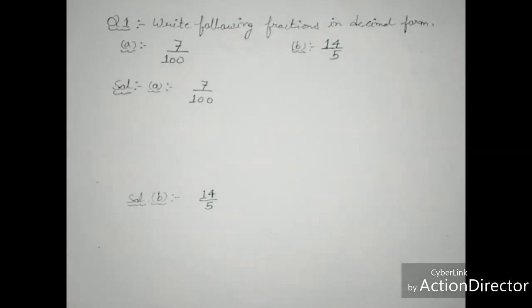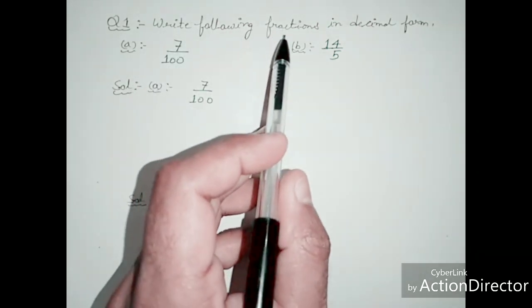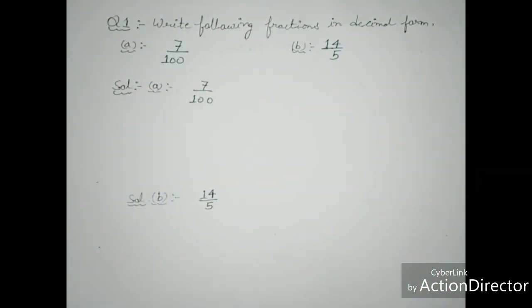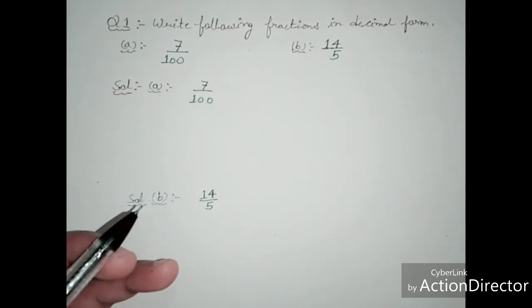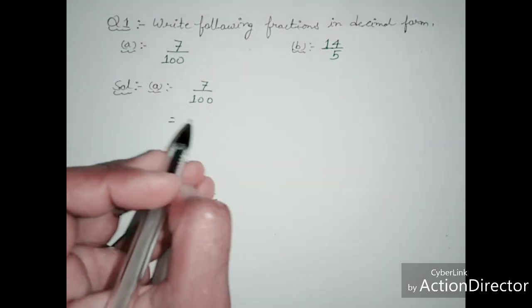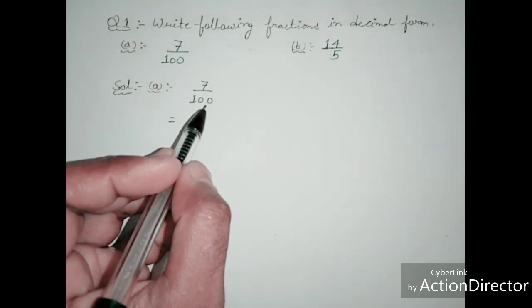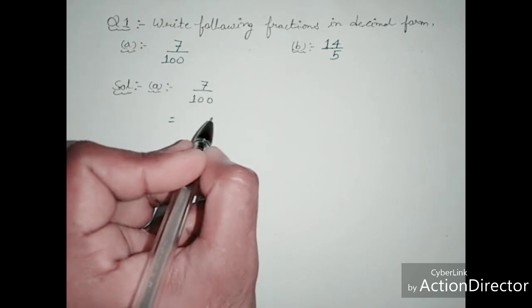Now students, here we solve some examples related to decimals. Write the following fractions in decimal form. The first example, A, 7 upon 100. Here we have two zeros with 1 in the denominator, so the decimal moves left by two places.